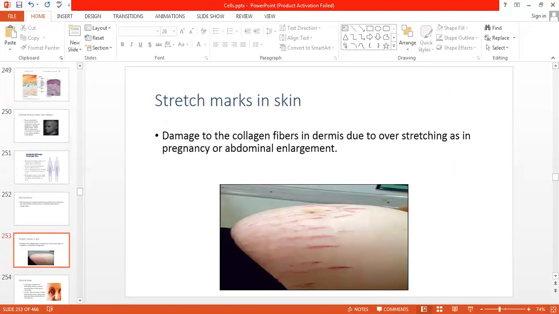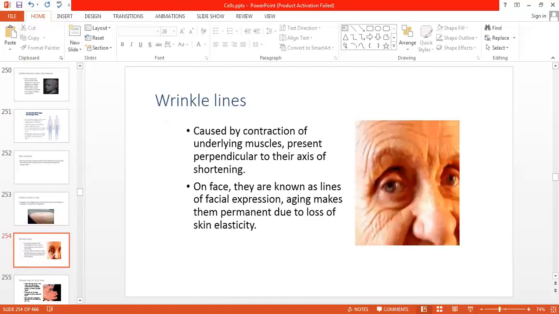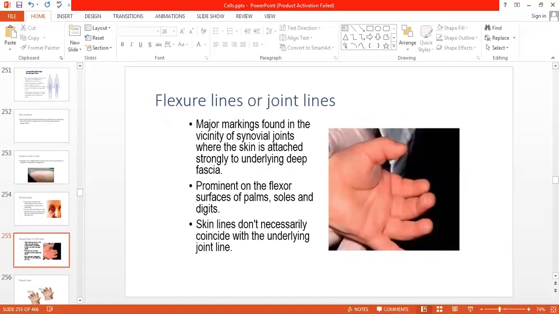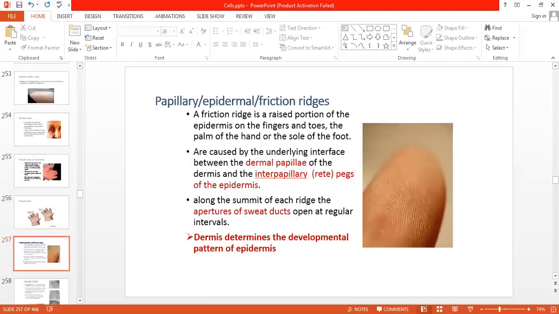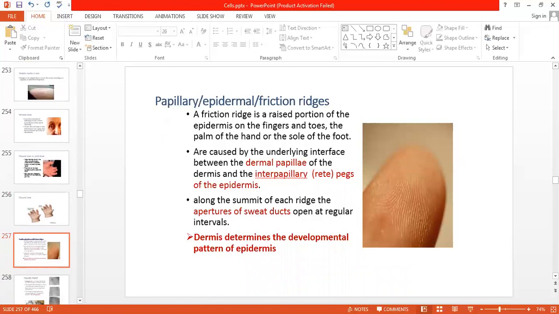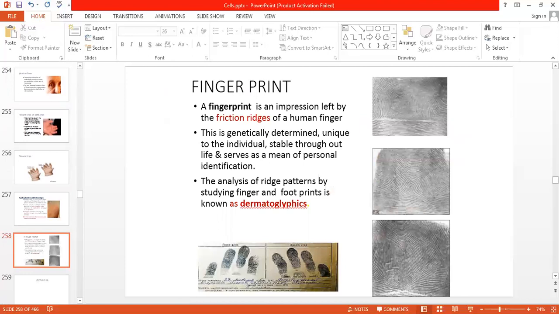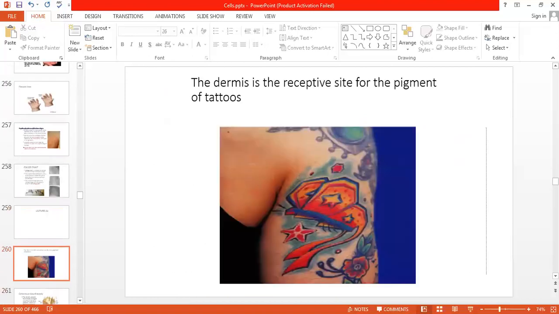Then we talked about stretch marks in the skin, wrinkle lines, and flexure lines or joint lines, the lines in the skin at the joints. We discussed friction ridge regions, like on the thumb, and fingerprints.